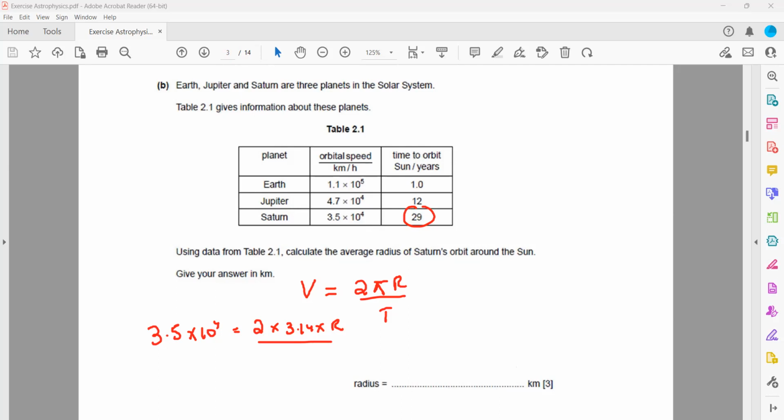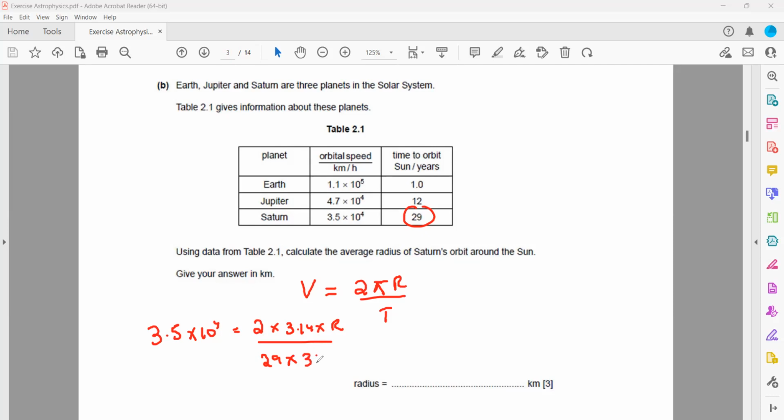So now we have to convert the 29 years into hours. So how to convert 29 years into hours? First we convert the years into days. How many days are there in a year?